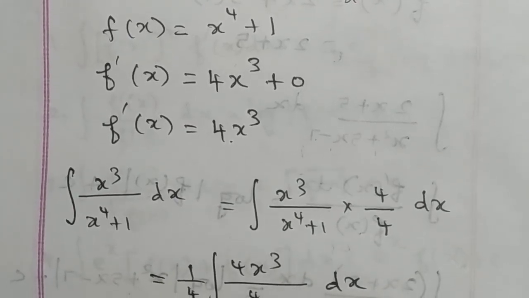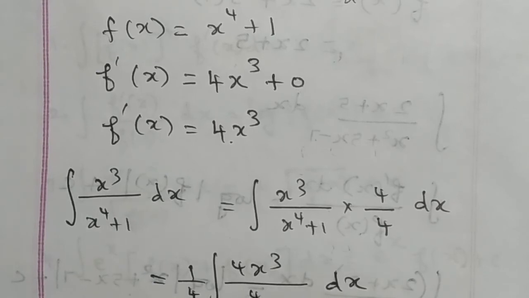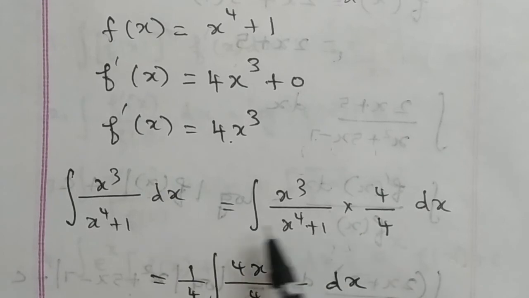Now find the derivative for x power 4. The derivative for x power 4 is 4x cube. So 1 by 4, and this value is f dash of x. F dash of x is 4x cube. It is in the numerator. The denominator value is f of x.